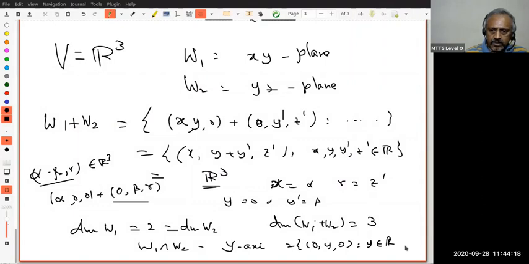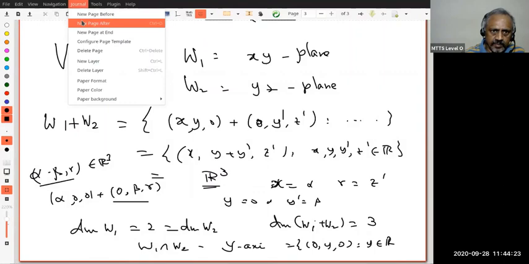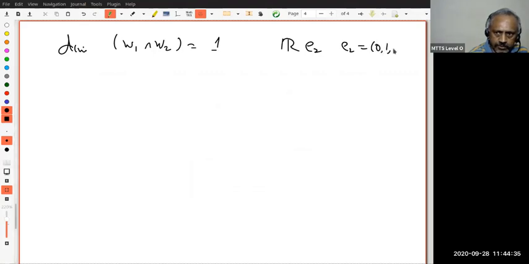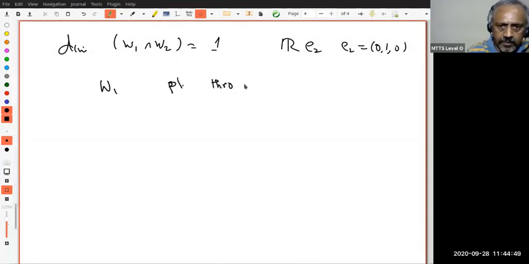And we already know this is a vector subspace. What is its dimension? Dimension of W1 intersection W2 is 1, because it's R times E2, where E2 is as usual (0, 1, 0). So we have seen this. More generally, start with any W1, a plane through origin, and W2 also a plane through origin.